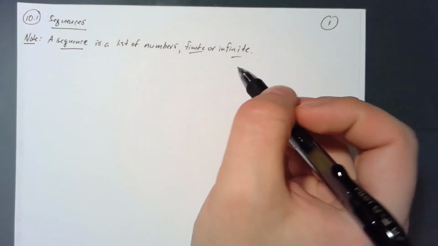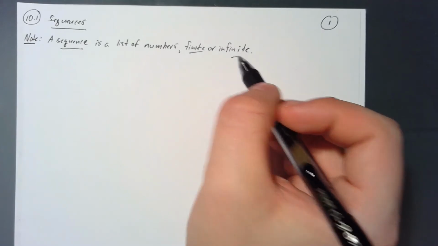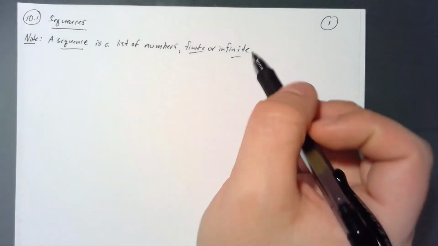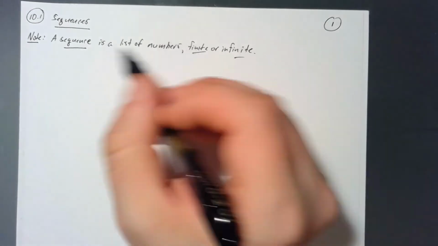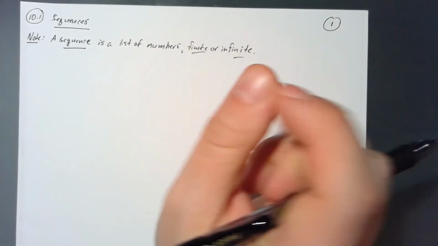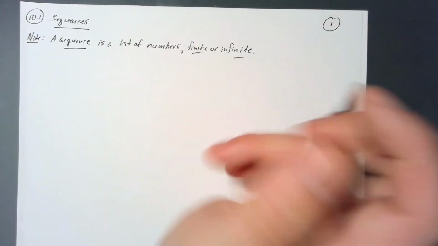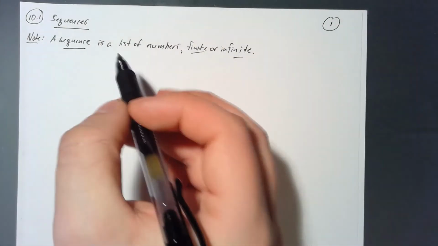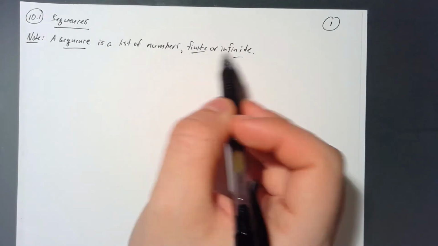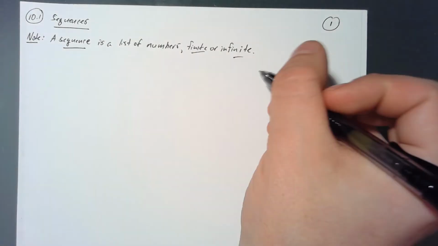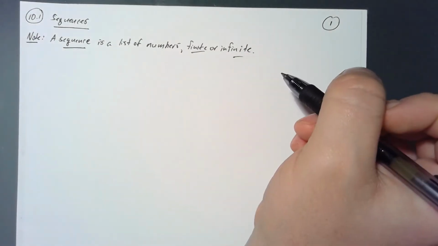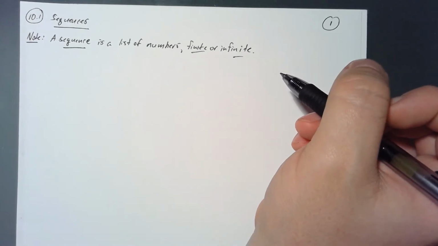However, most of what we're going to be doing is going to deal with infinite sequences, and later on in the chapter, infinite series. Do not confuse sequences with series, and I'm going to mention that quite a lot in this chapter. But a sequence basically is a list of numbers, finite or infinite, and we're going to primarily deal with infinite of both types.